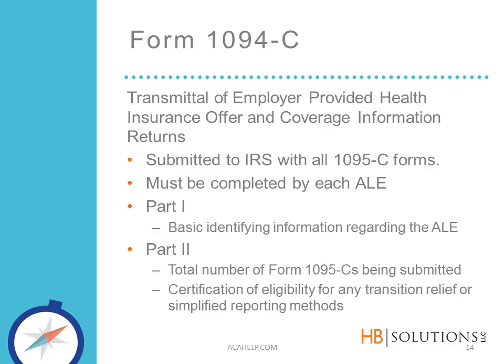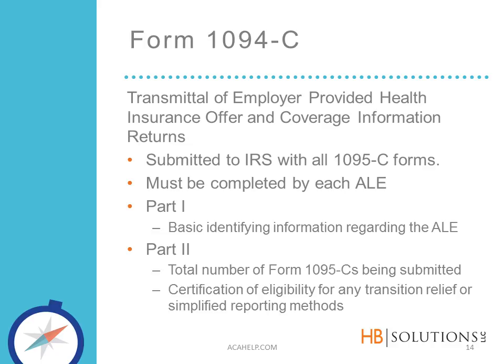So on the 1094-C, Part 1, this section is fairly straightforward, and it's just going to require some basic identifying information about the employer. So things like the address, the EIN, contact information, which I just mentioned. Part 2 requires some more specific information. You'll need to provide the total number of Form 1095-Cs being submitted, whether the employer is part of a controlled group of related entities.